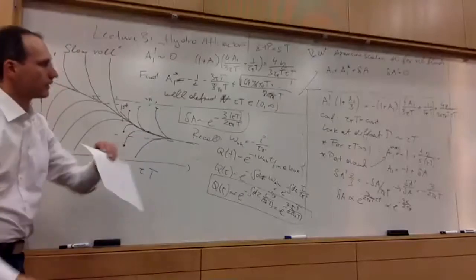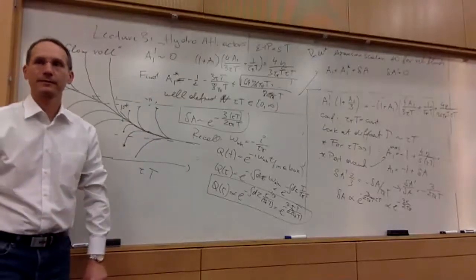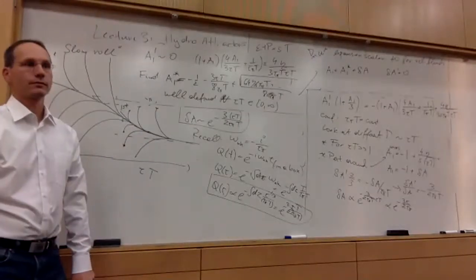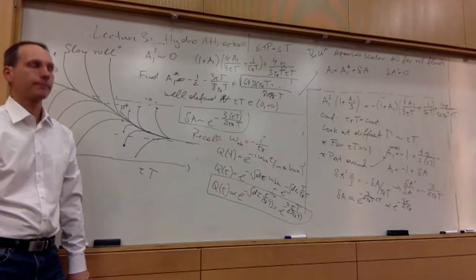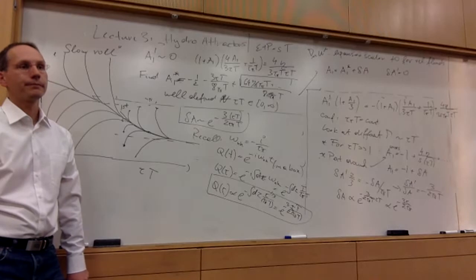Okay, let's see, questions. Yeah. So the pattern that comes in the exponential depends crucially on the value of the parameter. Right.